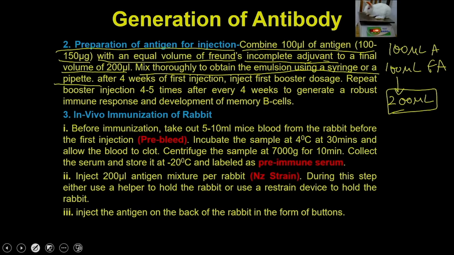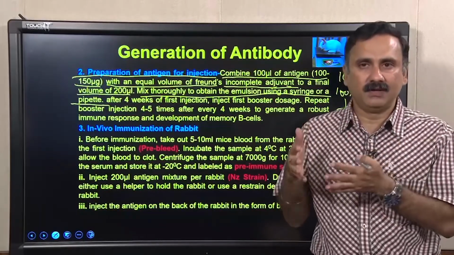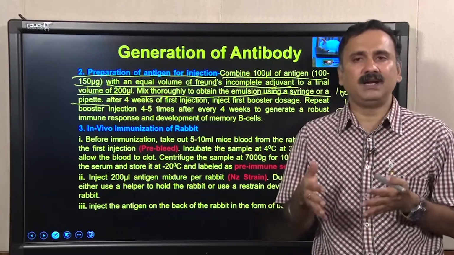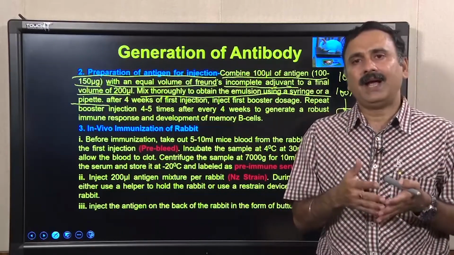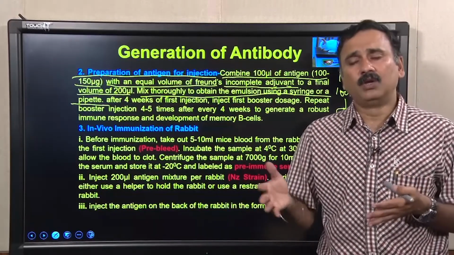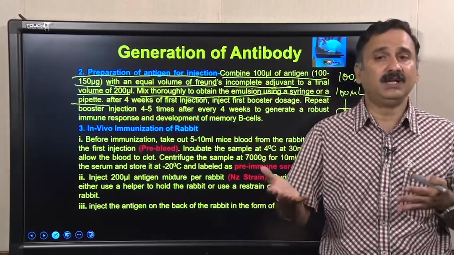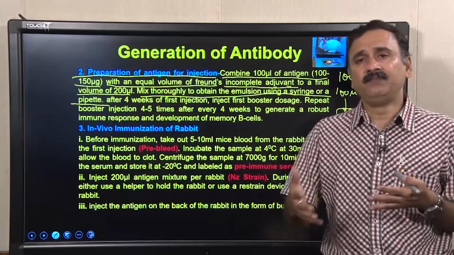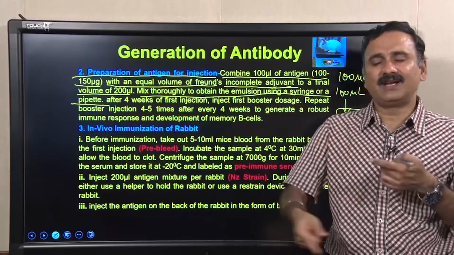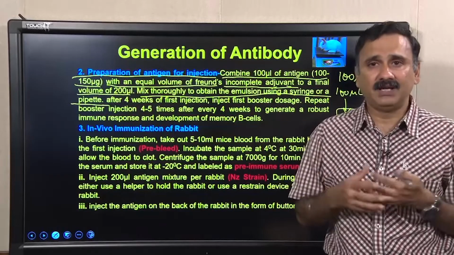Freund's adjuvant contains detergent and oil, and it also contains the Mycobacterium tuberculosis cell wall. Freund's adjuvant is going to stimulate the immune response and activate the system, so that the system is ready to take up the antigen.